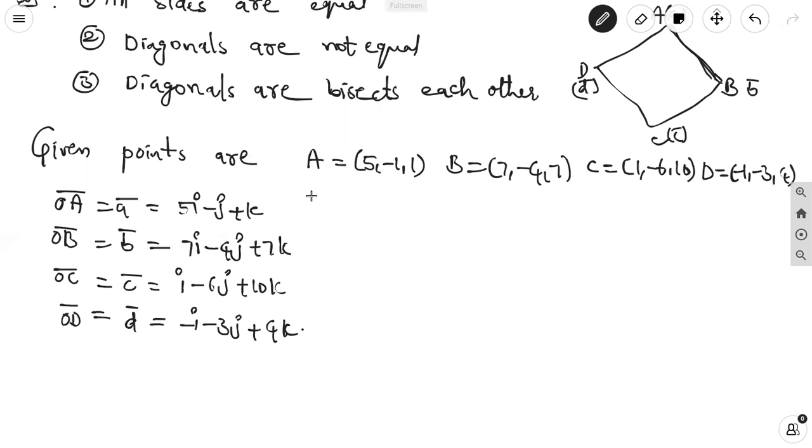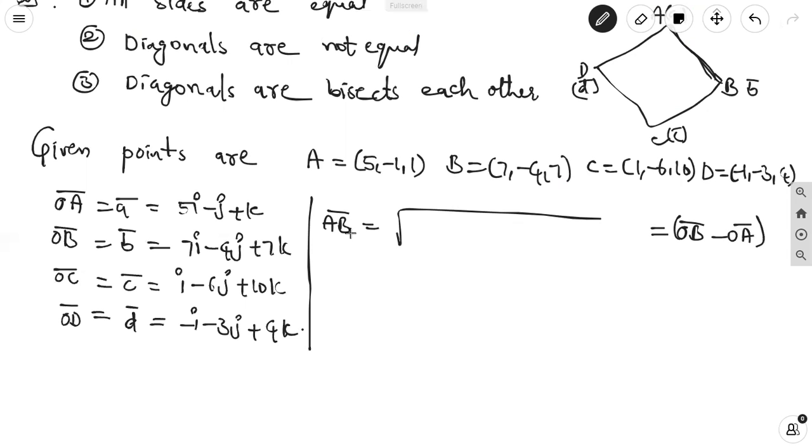Now we can find out the distances. AB distance is nothing but the square root of (x2 minus x1) whole square. That is OB vector minus OA vector equal to AB vector, and its magnitude is the magnitude of OB minus OA.